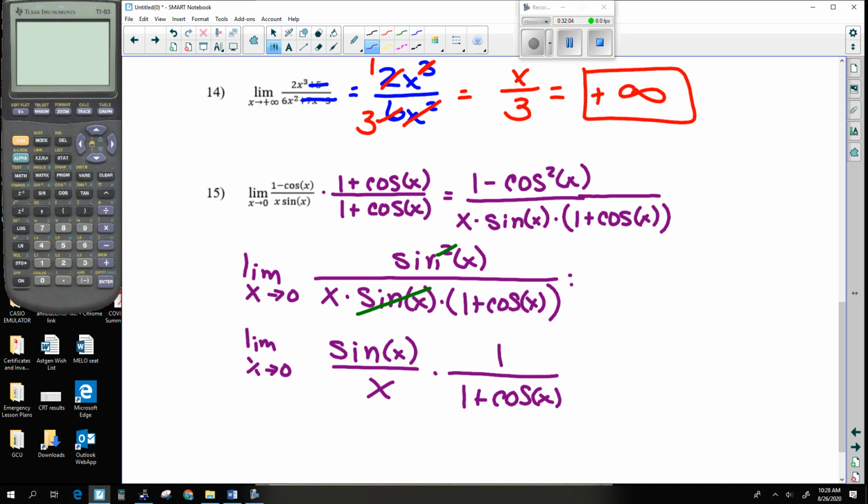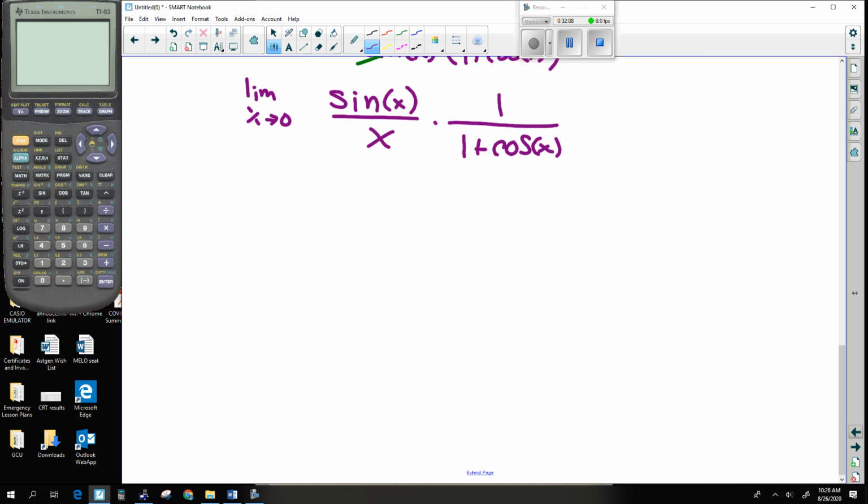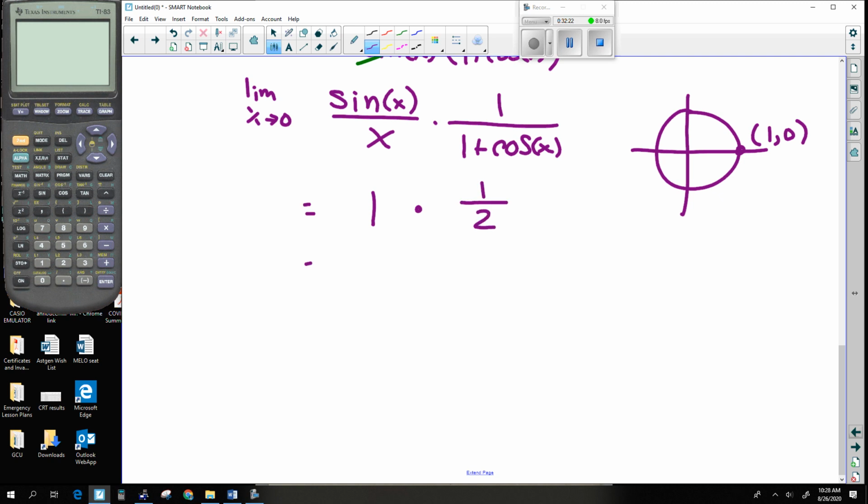So sine x over x is 1, and then putting in a 0, I see that the cosine is equal to 1. So this is going to be 1 over 2, equal to 1/2.